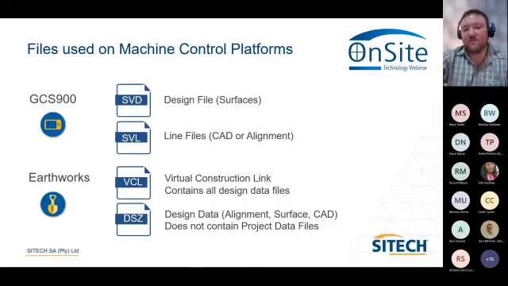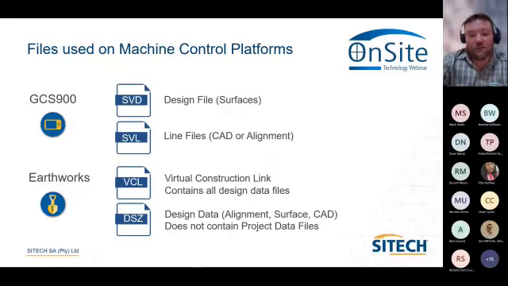Whereas a VCL, for the people who don't know what a VCL is, is a file where you take all of these and combine them into one. You can load multiple surfaces, multiple horizontal alignments, multiple vertical alignments, and if you have multiple layer surfaces that you want to load as one file, you can just export it as a VCL file.